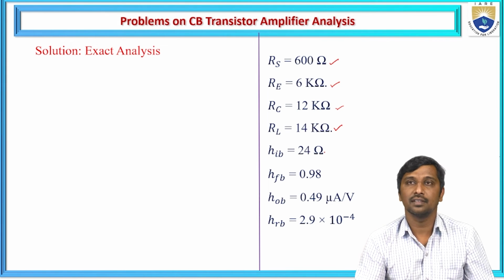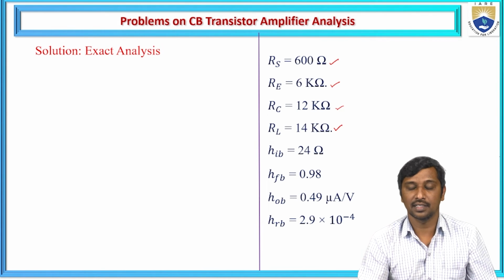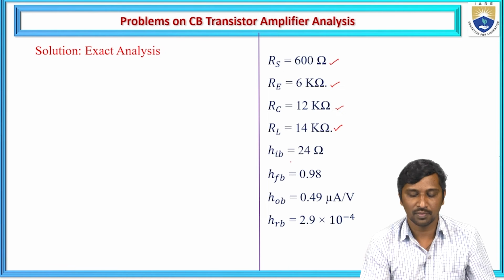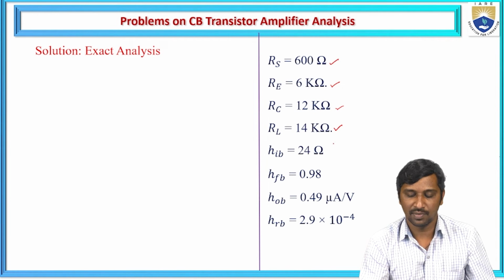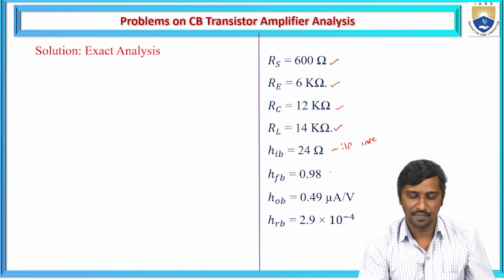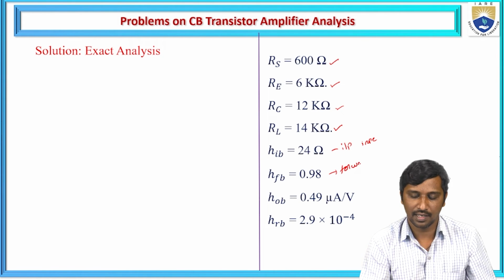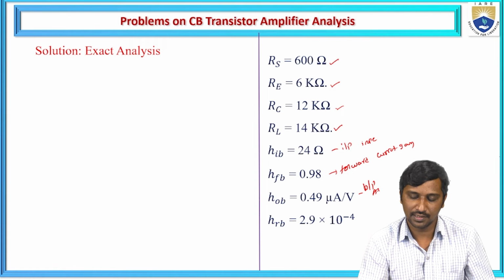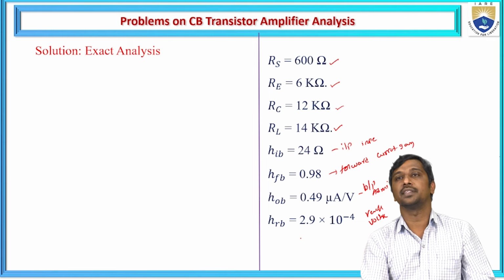And apart from that, they are also providing the H parameter model parameters or small signal model parameters like HIB, the input impedance or input resistance, HFB, the forward current gain, HOB, the output admittance, and HRB, the reverse voltage gain.